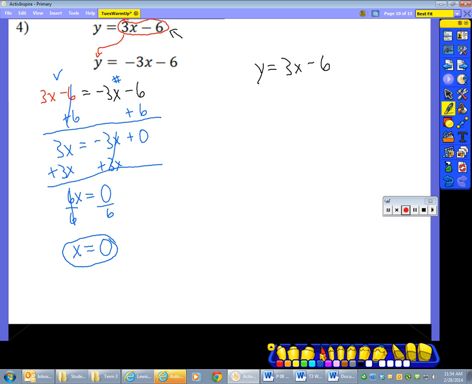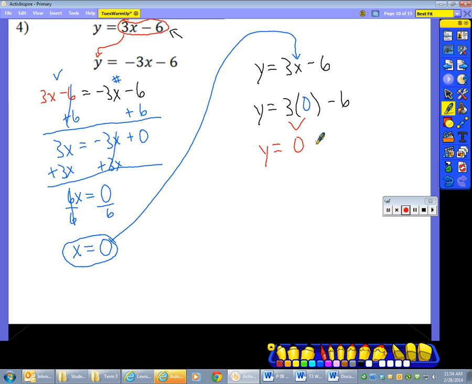I'm going to take this 0 and sub it in for x, and my equation will look like this: y equals 3 times 0 minus 6. So now I'm going to solve this. 3 times 0 is 0. So I have y equals 0 minus 6. See, I just brought that negative 6 down. And y equals 0 minus 6, which is a negative 6.